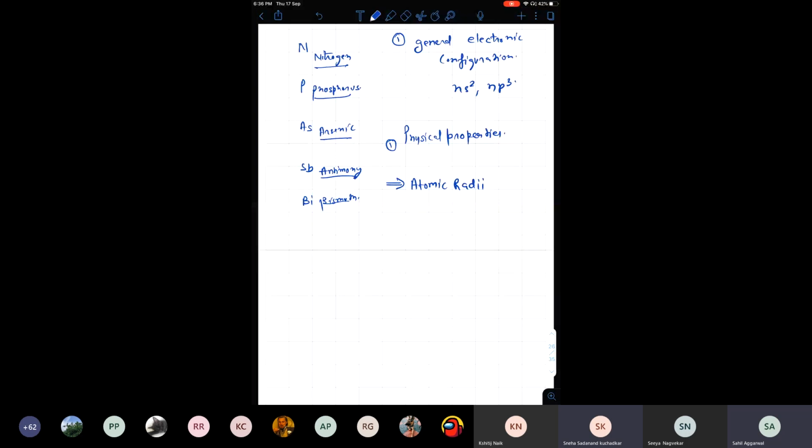Increases down the group. Atomic radii increases down the group.